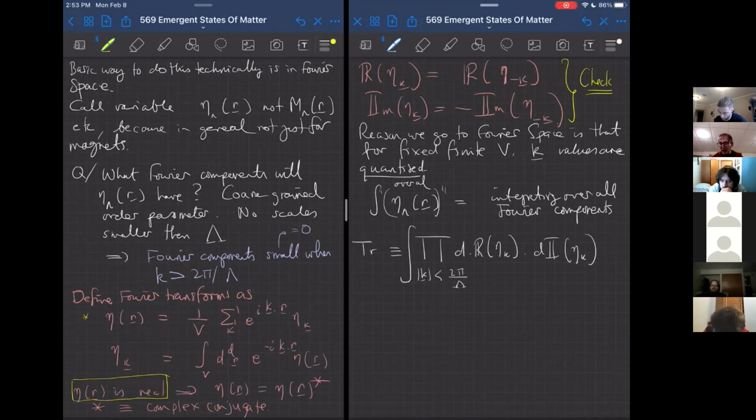So I've got a finite discrete set of wave numbers which label these Fourier components, and then this is just a big multiple integral in k space.